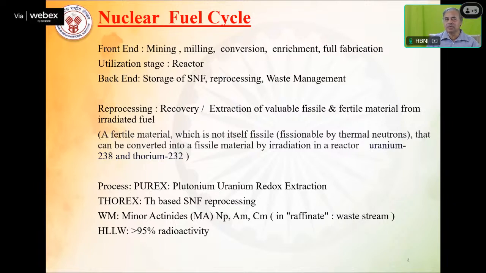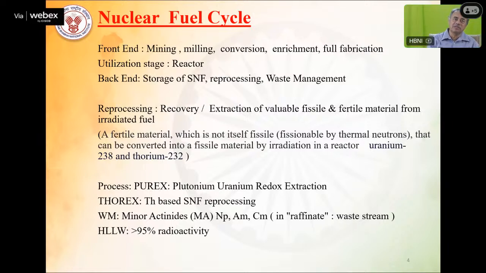Or if we have to use it as natural uranium as fuel for our PHWR reactors, then it is to be converted to uranium dioxide. So that is conversion, then enrichment, if applicable for reactors like light water reactors, then fuel fabrication. These are the front-end activities.